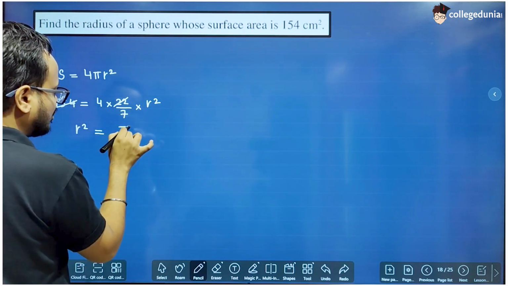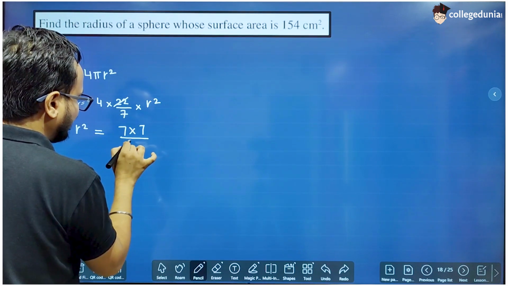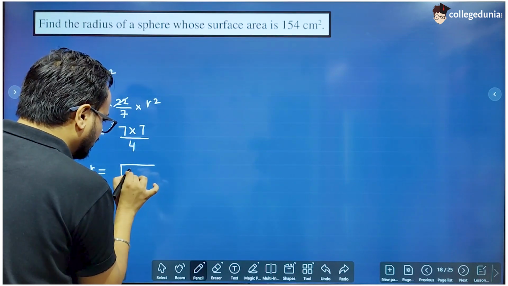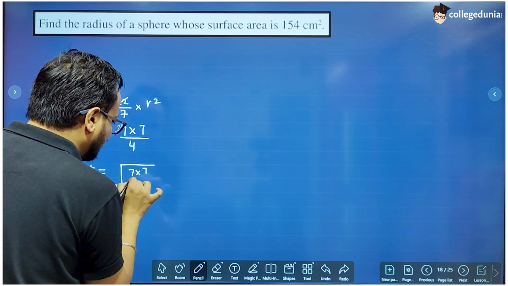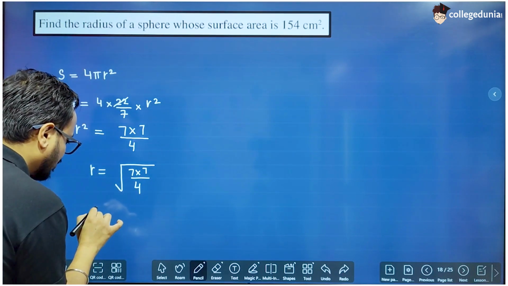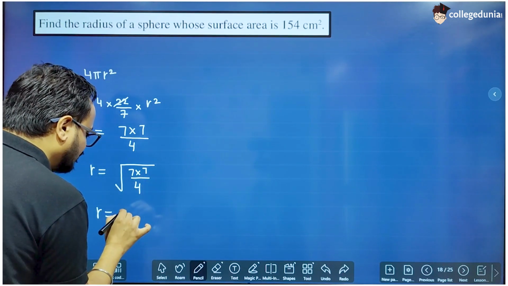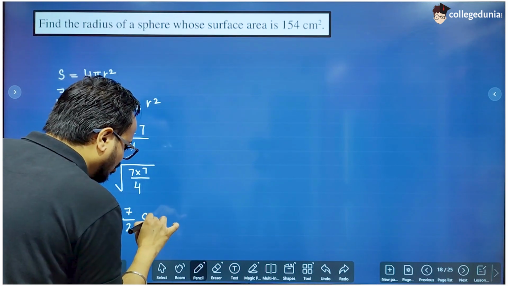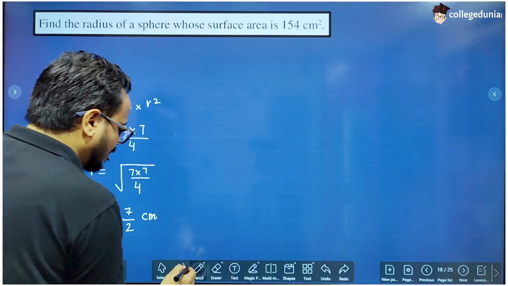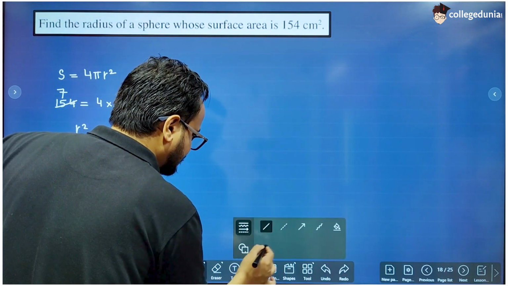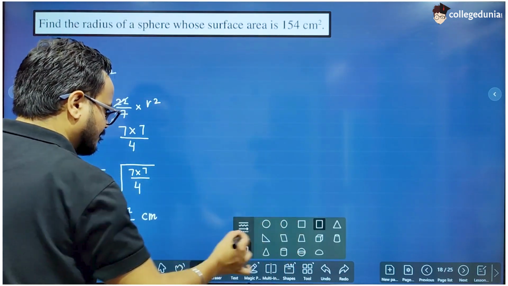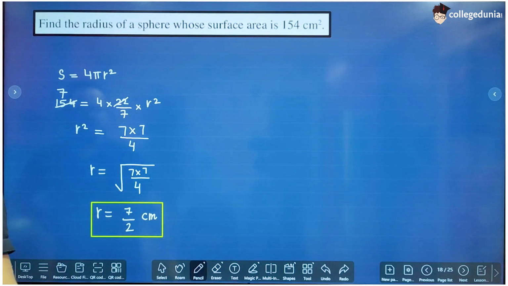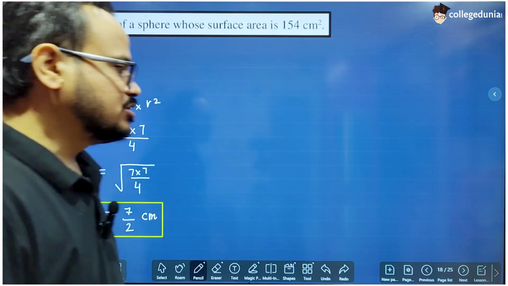So r square is 7 into 7 divided by 4. So r is under root 7 into 7 divided by 4. So r is root of 7 into 7 is 7, by root of 4 is 2. So radius is 7 by 2 centimeter.